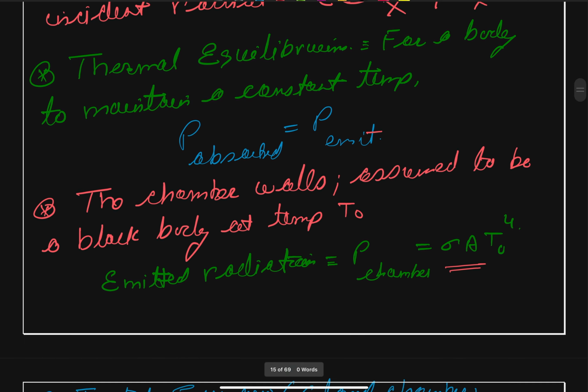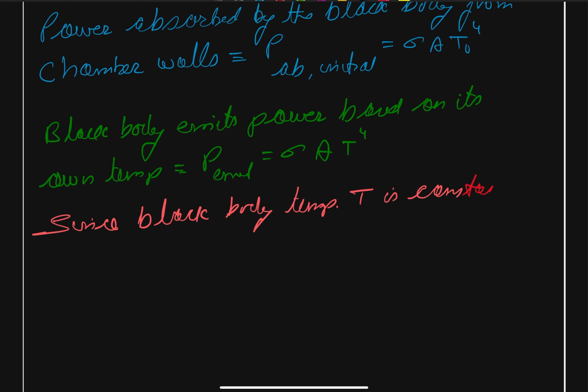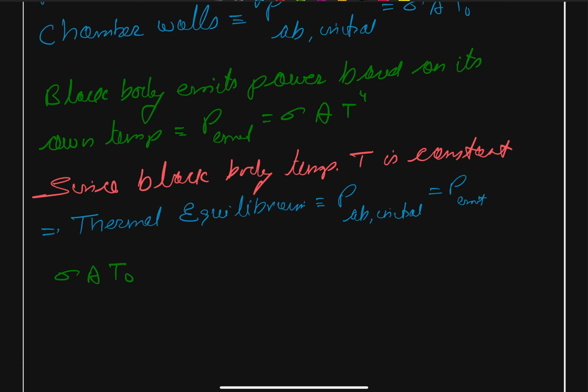that the temperature is constant. Therefore, since the black body temperature T is constant, it means it is in thermal equilibrium, which basically means that P absorbed initial should be equal to P emitted, and we substitute, we get sigma A T naught whole raised to power 4 is equal to sigma A T raised to power 4.